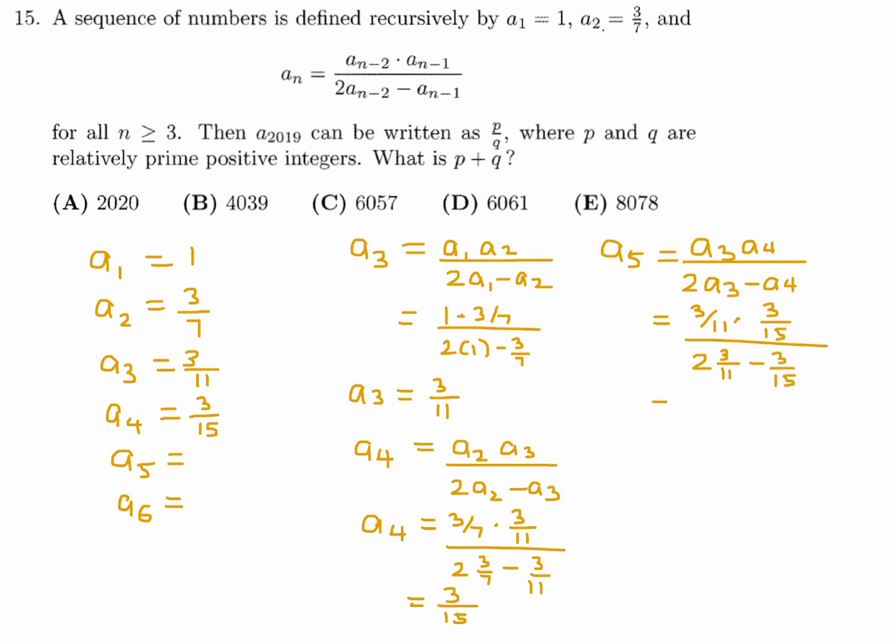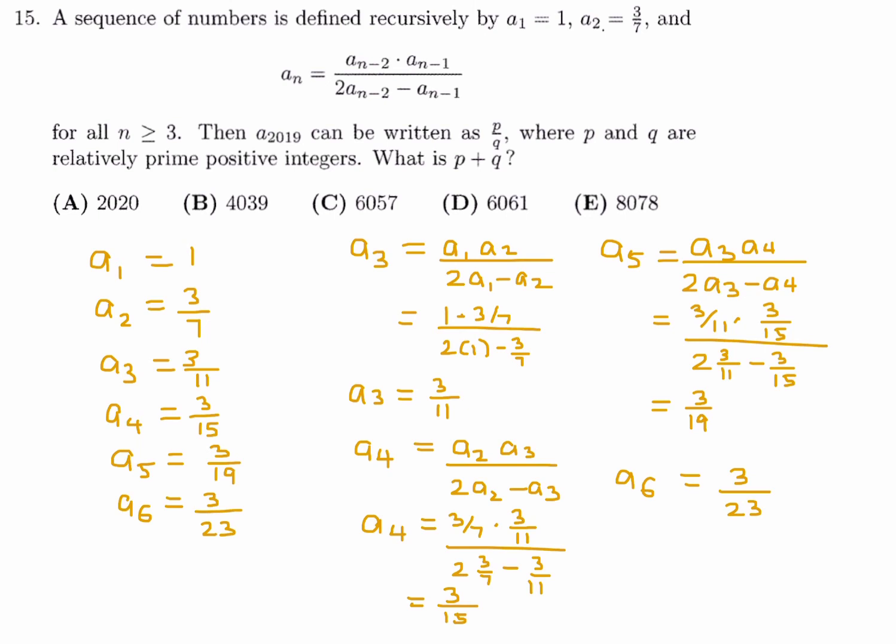And if you crunch out these numbers, you will get 3 over 19. So I think the pattern is pretty evident. And A6 I'll let you do, since it's so much fun. And that comes out to 3 over 23. Okay, so I think at this point you can figure out a pattern.